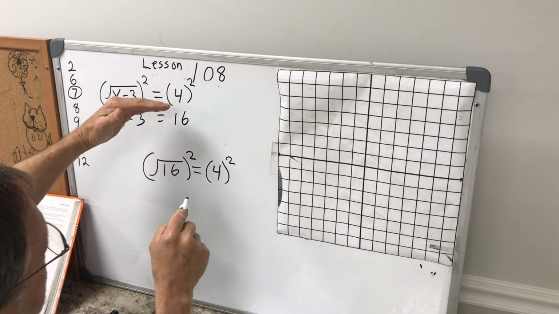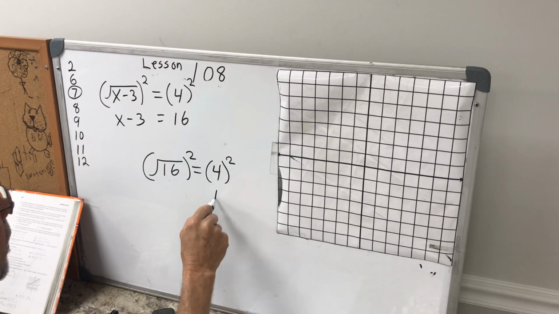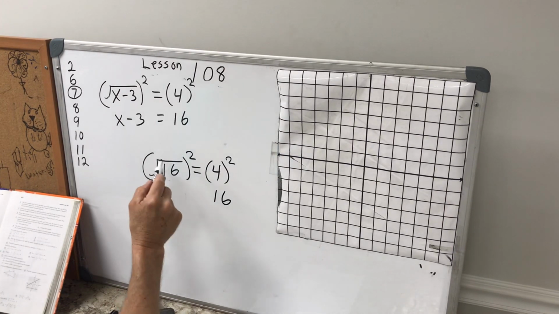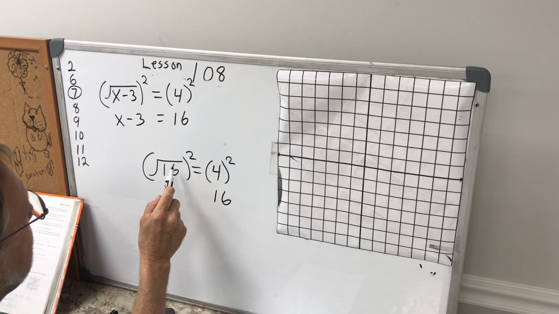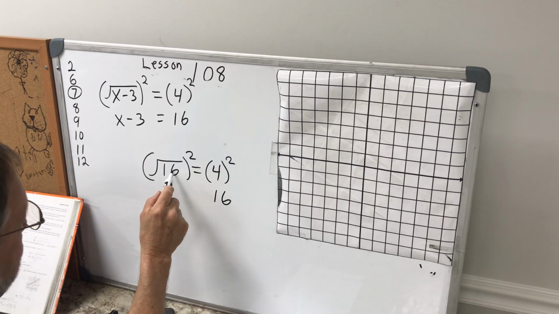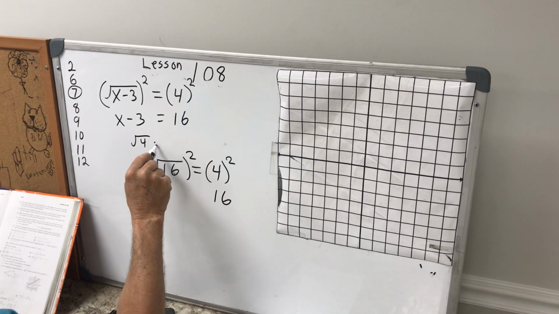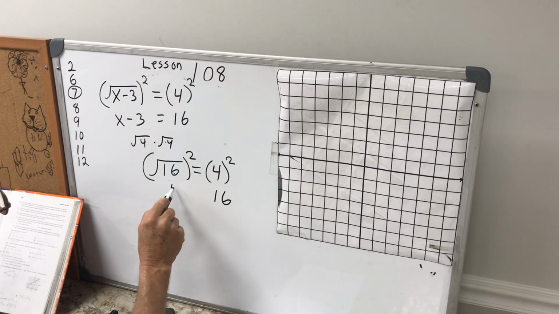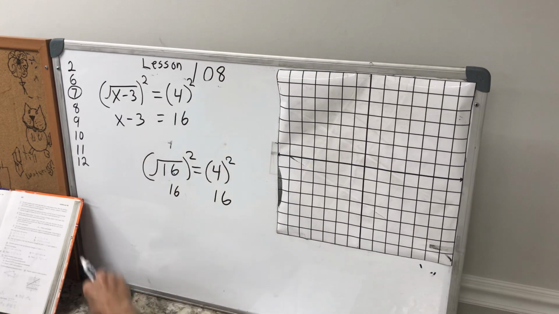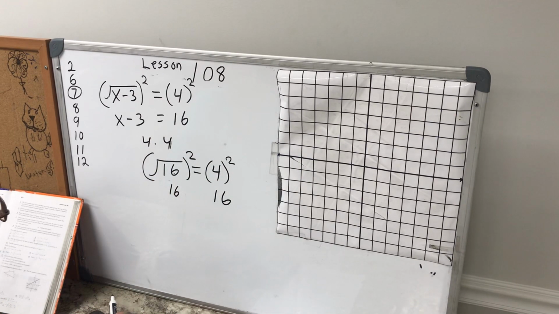Again, this has nothing to do with this problem more than just showing you why the concept is true. 4 times 4 is 16, and the square root of 4 times the square root of 4 is going to be 16, just simply the square root. 4 times 4 here is 16.